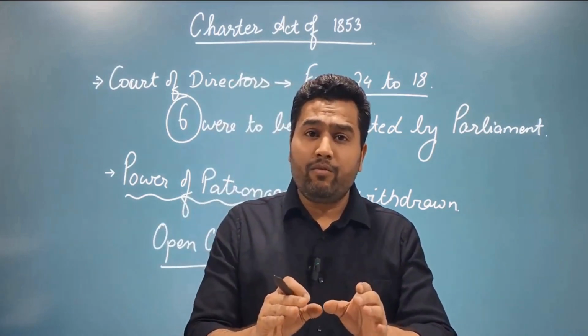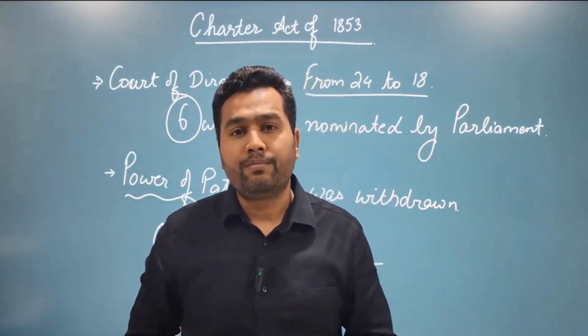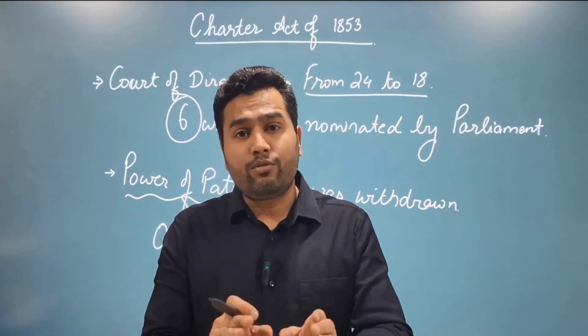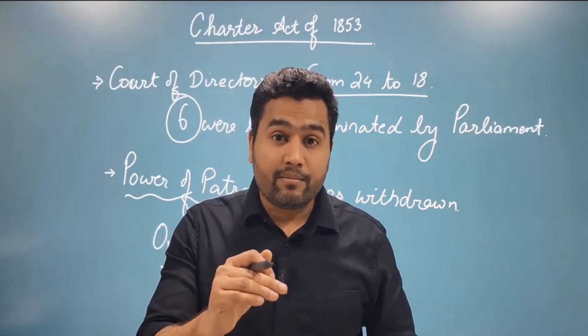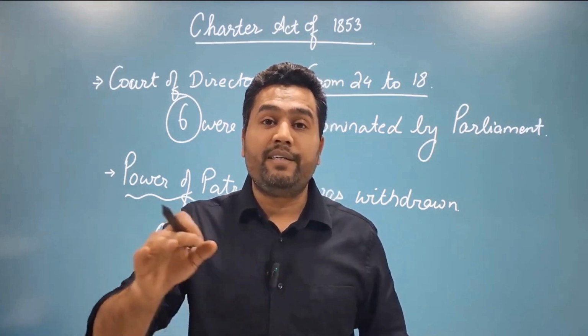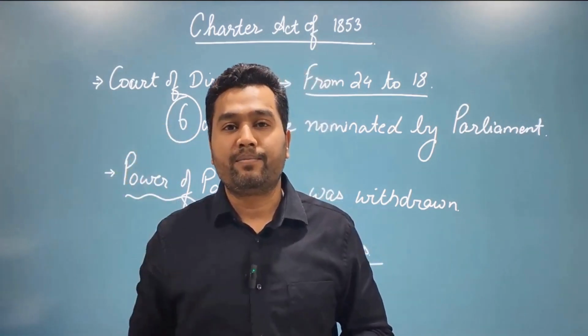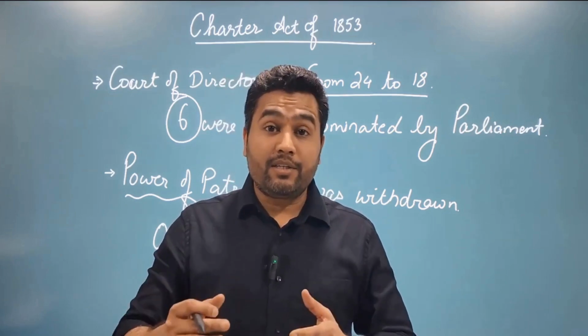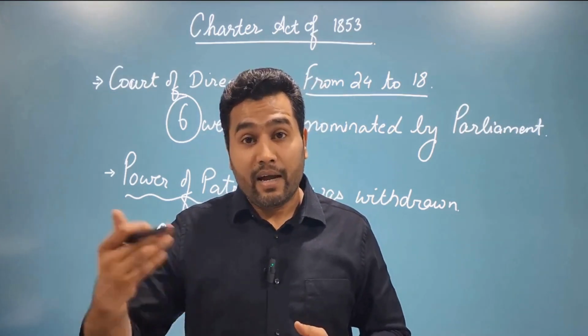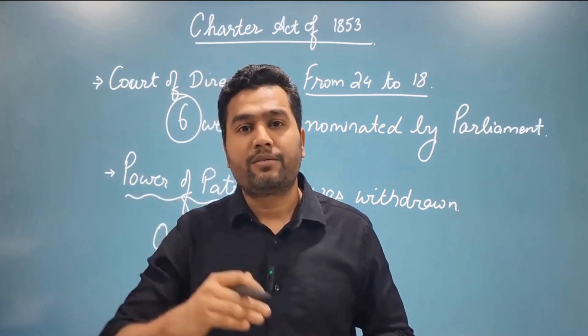The East India Company was allowed to continue. The East India Company was allowed to administer territories in India, but this time there was no specified time limit mentioned. So the company was to function in India in trust of Her Majesty, her heirs and successors.